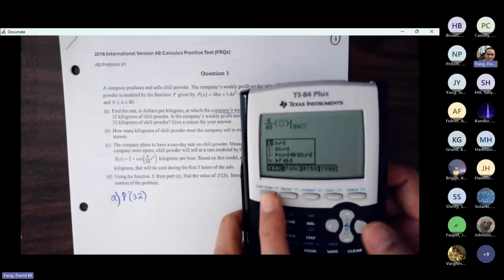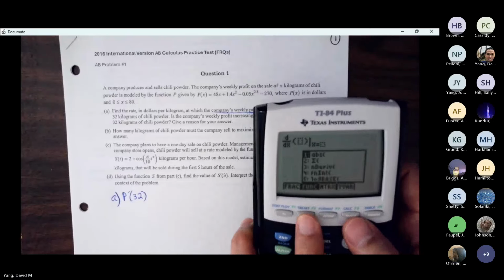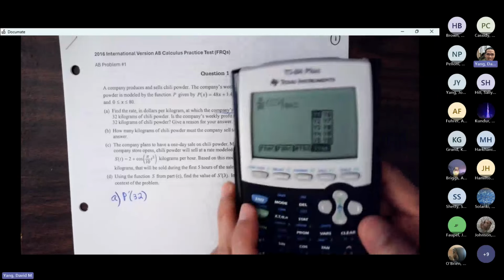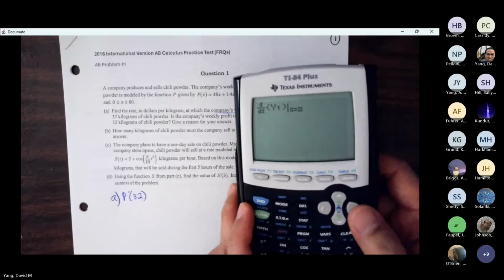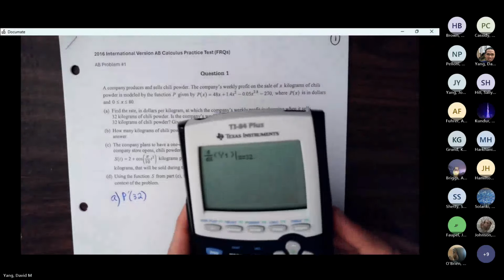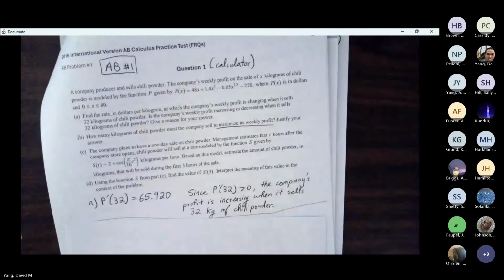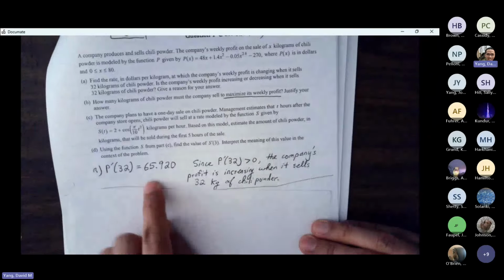So if I do alpha trace Y1, and then plug in 32, okay, we should get 65.920.